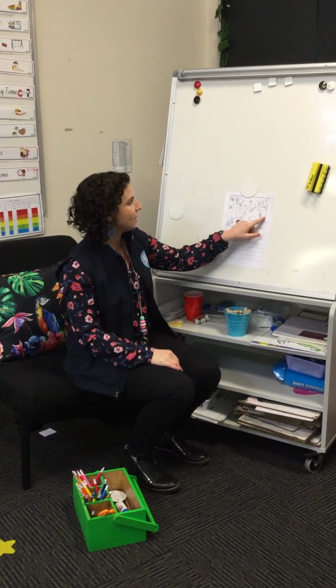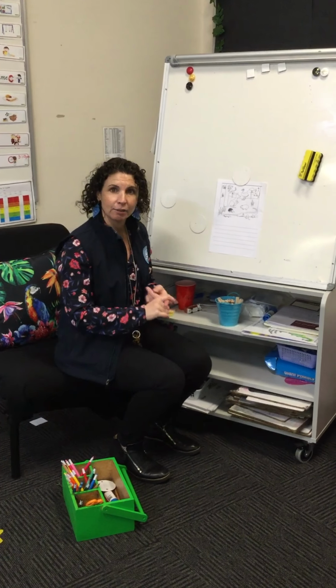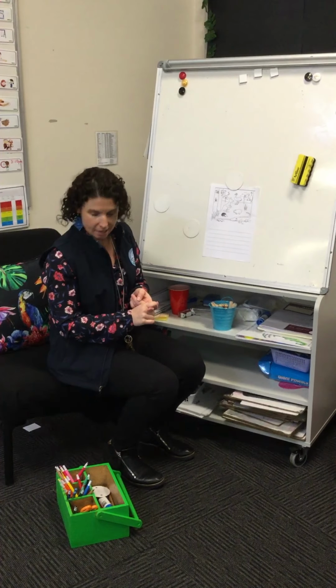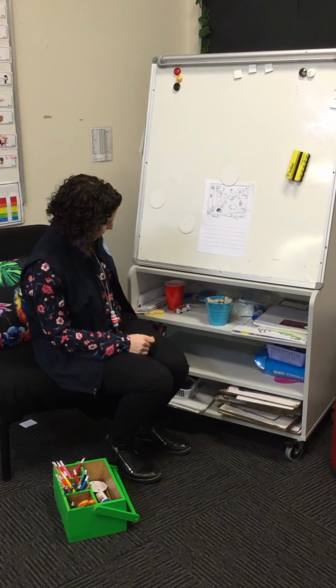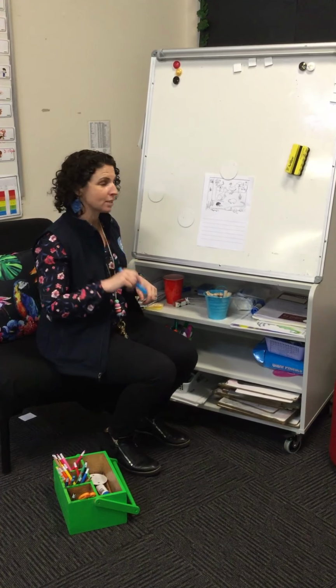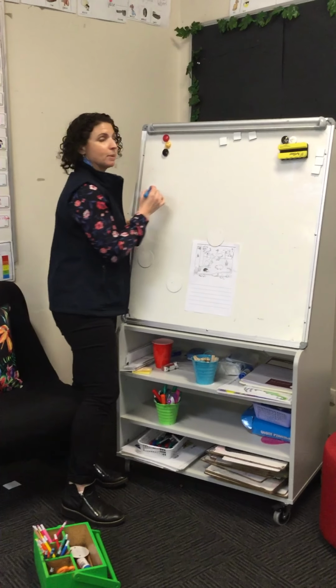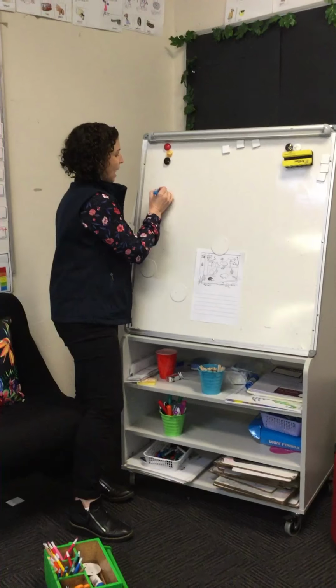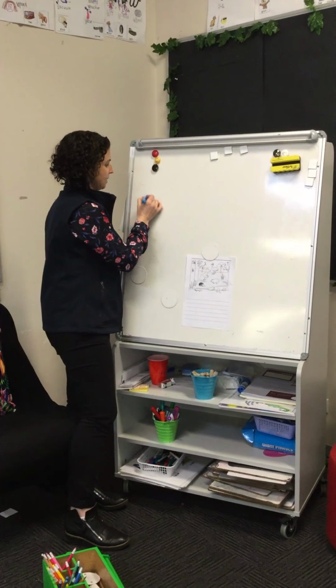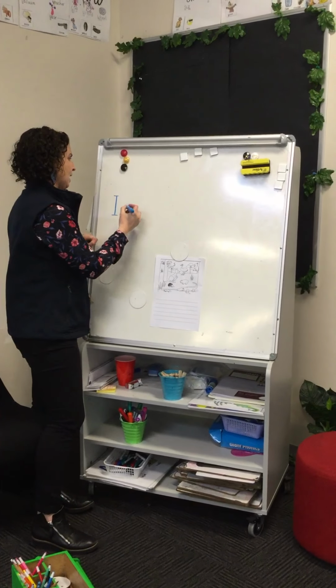Now you can see that I've got lots of animals and I'm going to be colouring them in and writing sentences as I go. And I'm going to use a sentence starter, and you can start your sentences with this too. The first word I'm going to write is going to be I. Now it's at the beginning of a sentence, so it's a nice big capital letter.